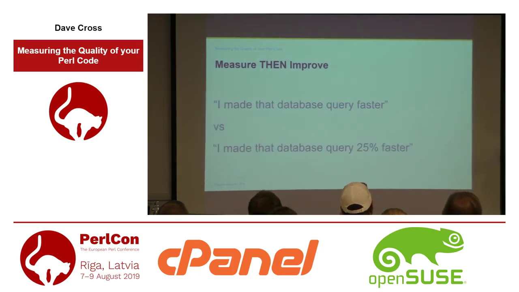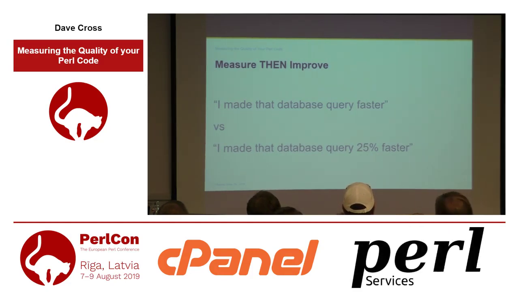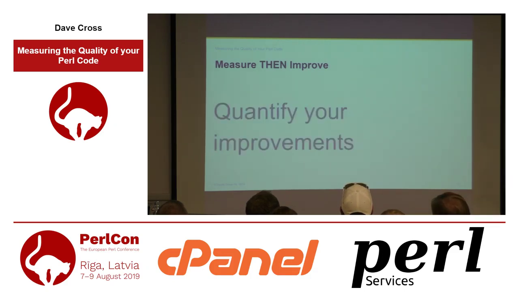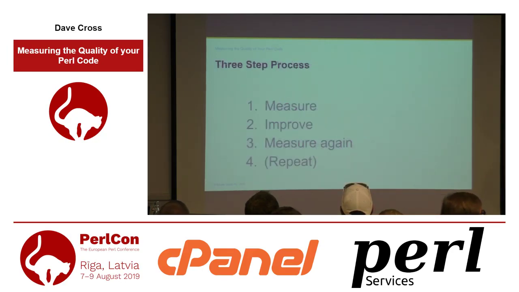To give an example, which would you rather hear? Oh, I made that database query faster, or I made that database query 25% faster. And in order to quantify that 25% improvement, you need to know where you started from. So it's all about quantifying the improvements that you made.